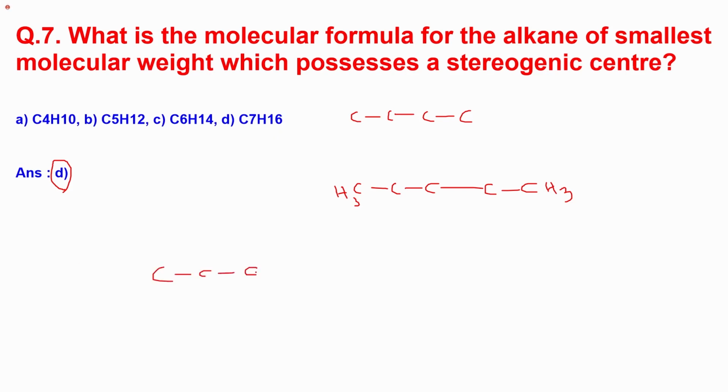1, 2, 3, 4, 5, 7. Now the one problem here is that the question is not actually clear. They are asking which smallest molecule possesses a stereogenic center.